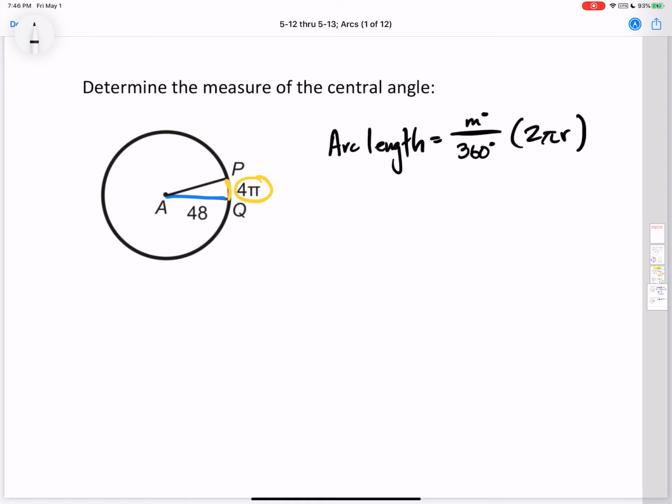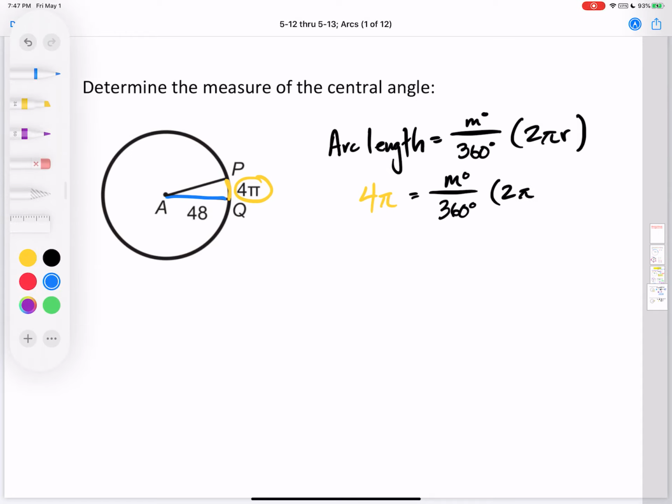All we've got to do is substitute. We do know that the arc length is 4 pi. We don't know the measure of our angle, so I'm going to leave that as m. Then we have our 360. And then we have 2 times pi times r, and I'll write that out: 2 times pi, and r in this case is 48.